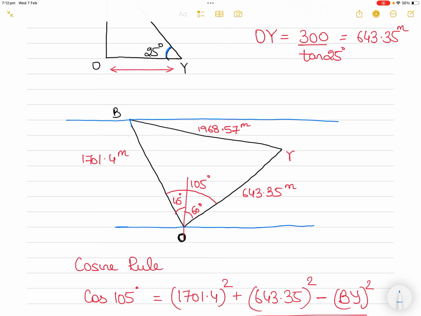Similarly, this angle here becomes equal to this angle, and not only that, it becomes equal to the whole angle.